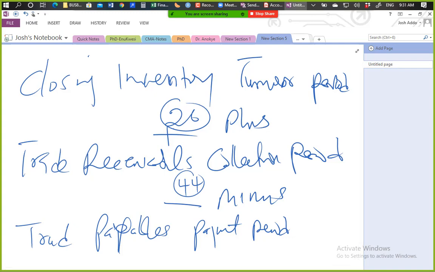So that is it for the efficiency ratios. Let's do quickly the liquidity ratios.